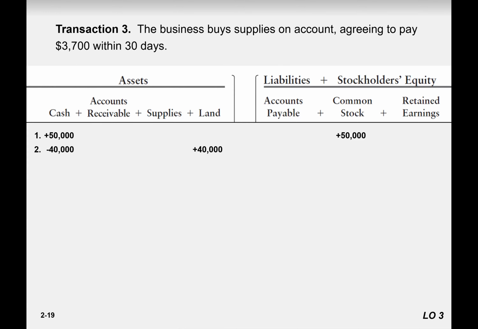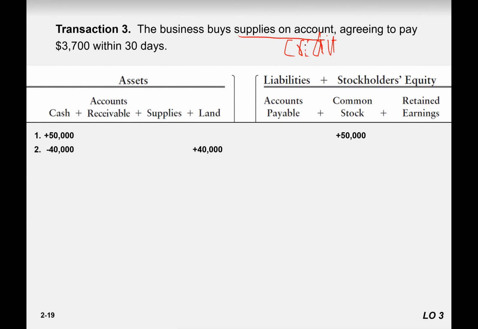Supplies become 3,700 and accounts payable 3,700 as well. Well done. Because does company cash increase or decrease? No. Why? Because we didn't pay cash. It's on account. On account means on credit.